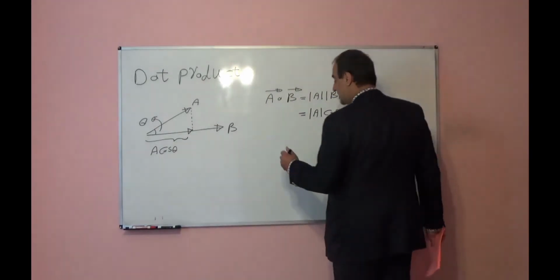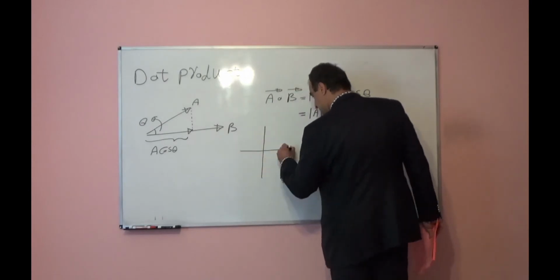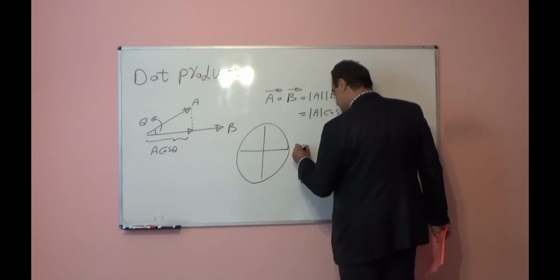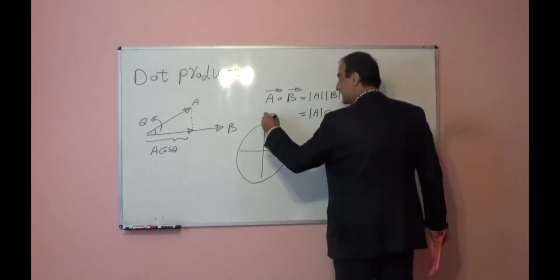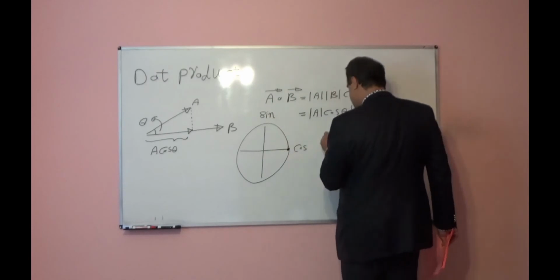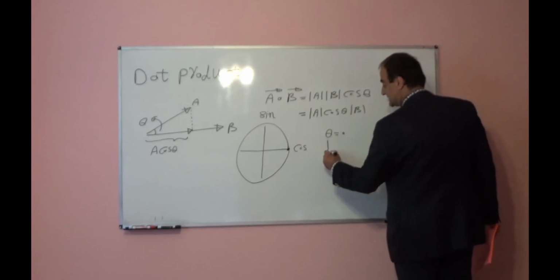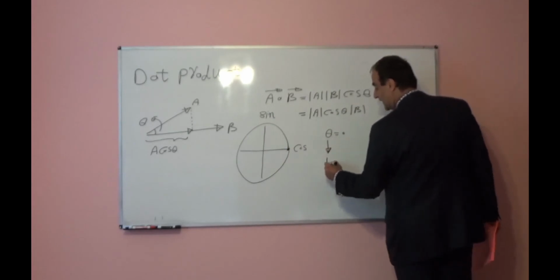If we look at the cosine, if we have one circle, this is the cosine axis, this is the sine axis. If theta is equal to 0, cosine 0 will be 1.